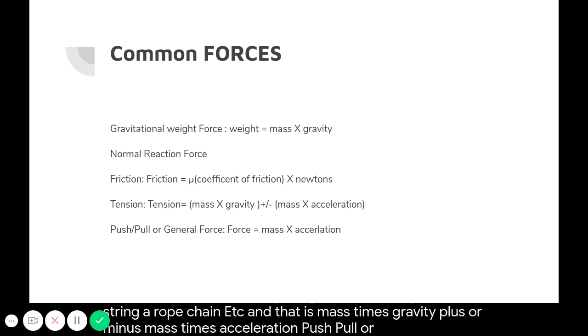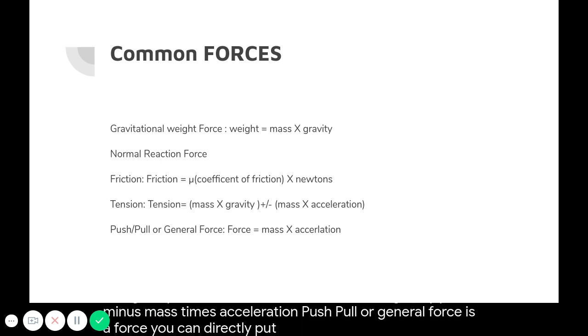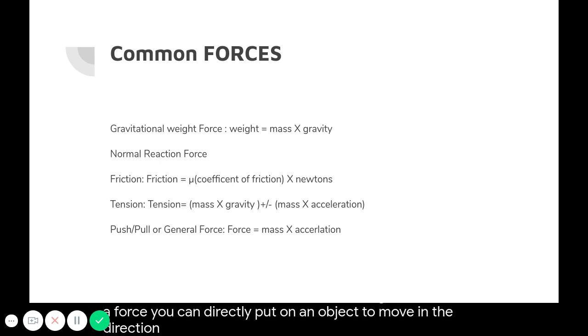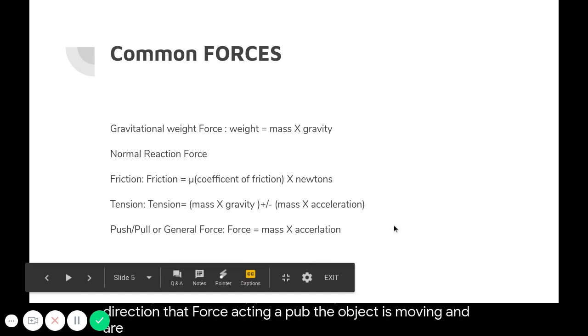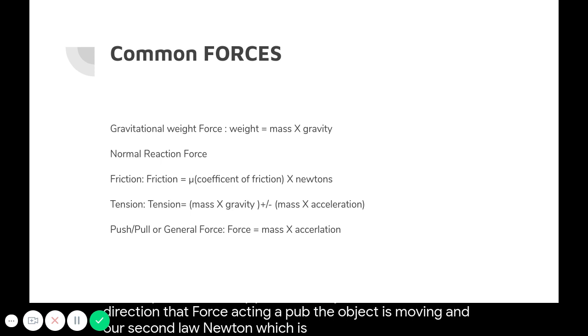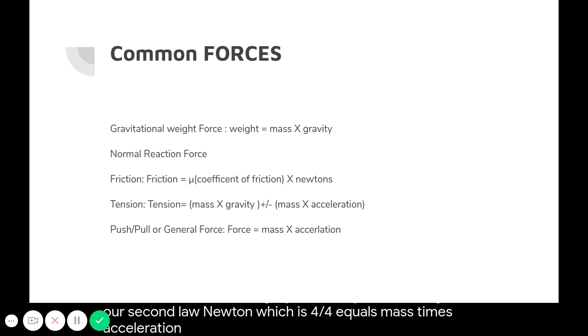Push-pull, or general force, is a force you can directly put on an object to move in the direction that force acting upon the object is moving. And our second law, Newton's, which is force equals mass times acceleration.